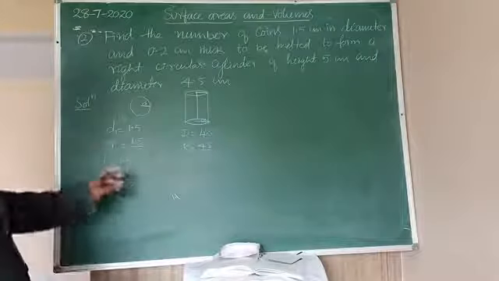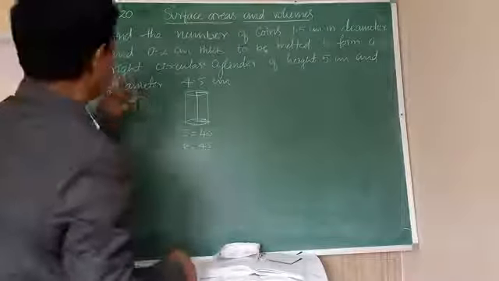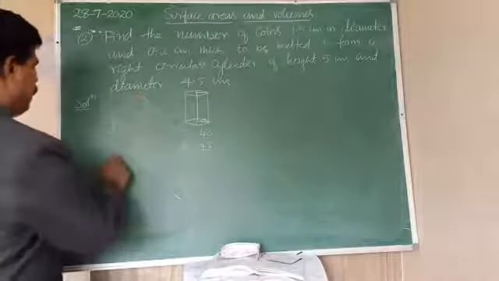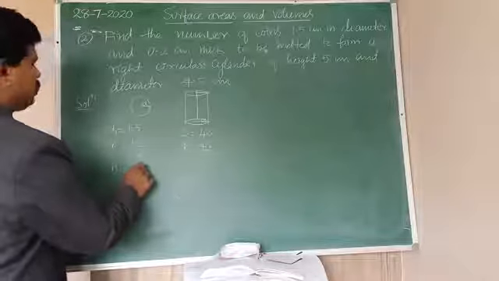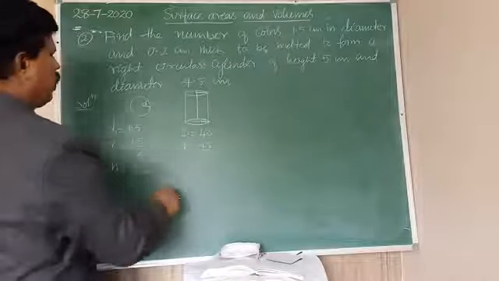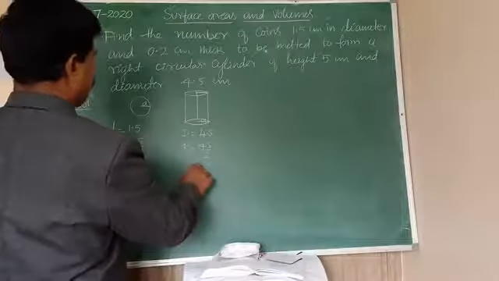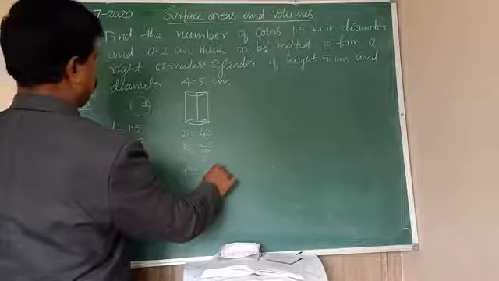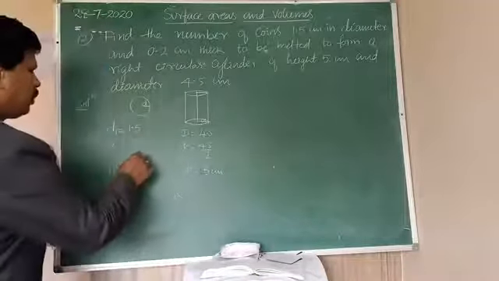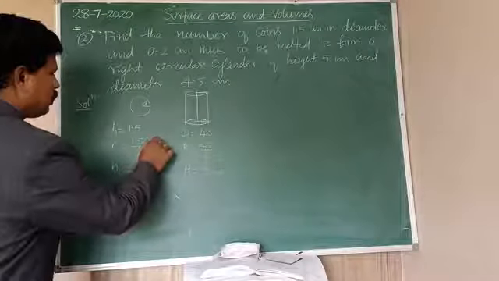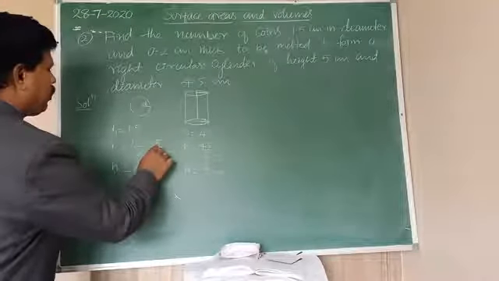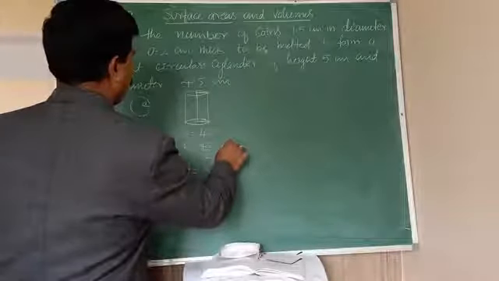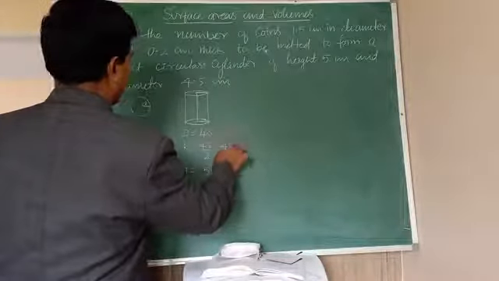Clear? Then here this is the cylinder. Height is given. Thick means height. h equals 0.2, and here H equals what they given, 5 centimeter. In order to convert this, you remove the decimal point, 15 by 20, and this is 45 by 20.